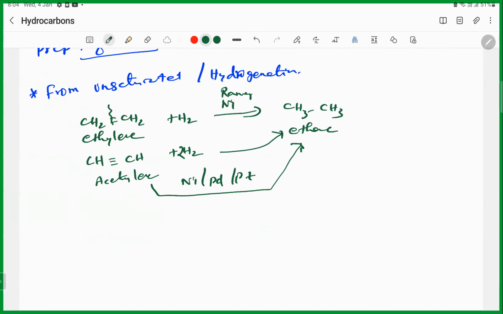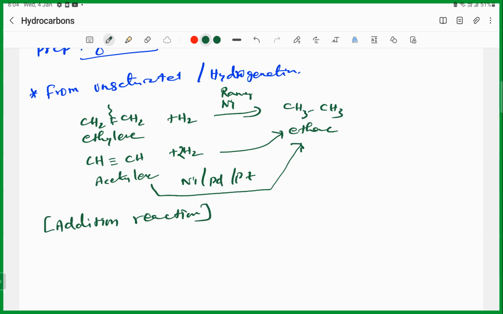This is called hydrogenation. We are adding moles of hydrogen. This is known as an addition reaction, because you are adding all those things.